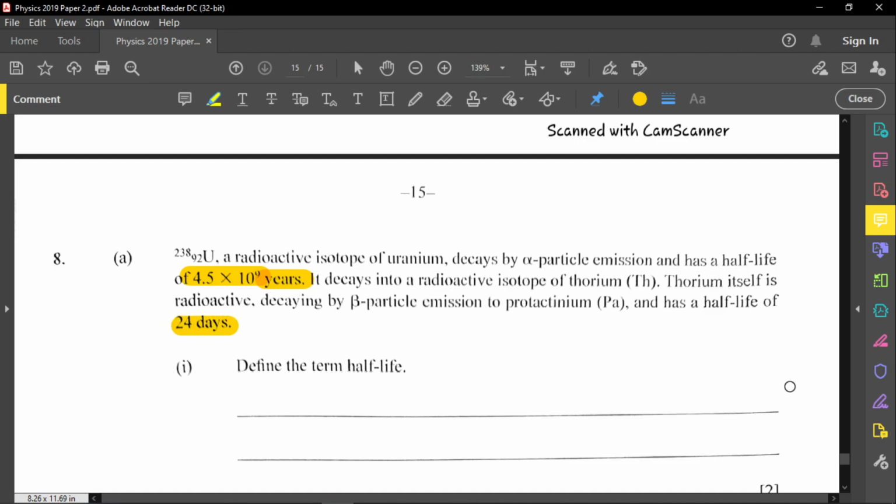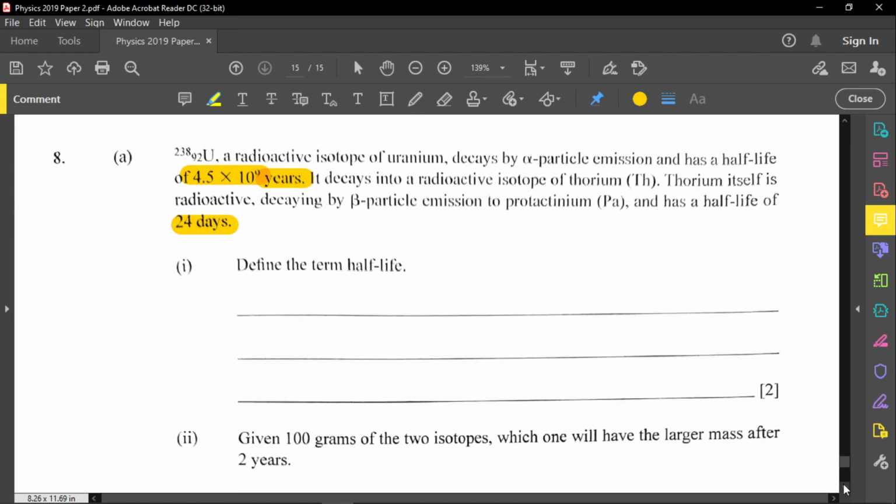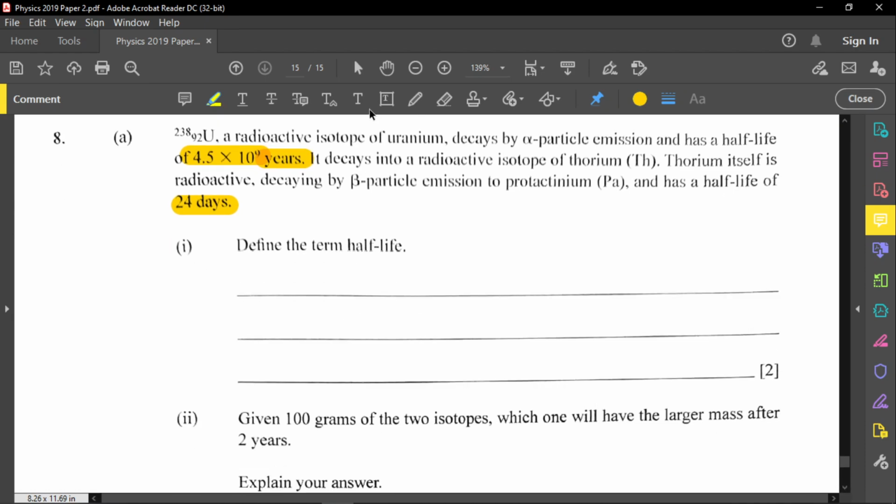Okay, great. So it said now define half-life. Let's define half-life really quick.